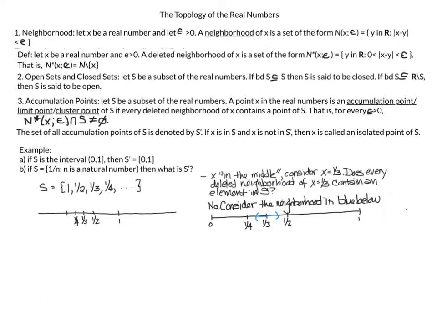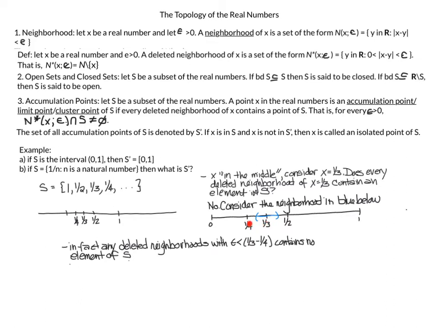So the points in the middle are not accumulation points. Because they have some space around each of the points in S, each point has an opportunity to get away from S, if only for just a little bit.